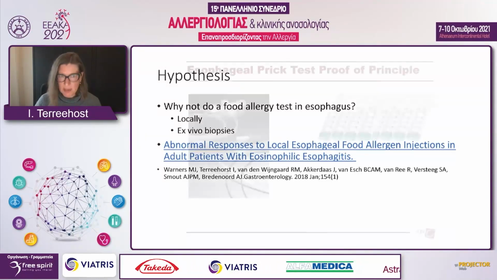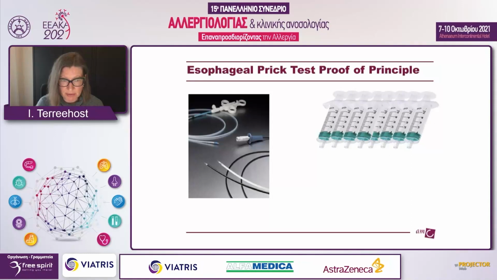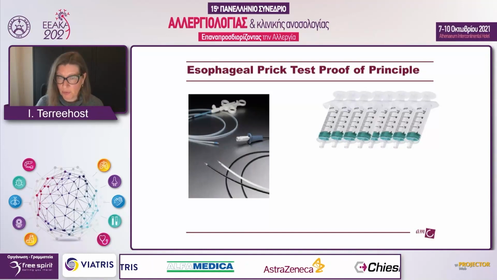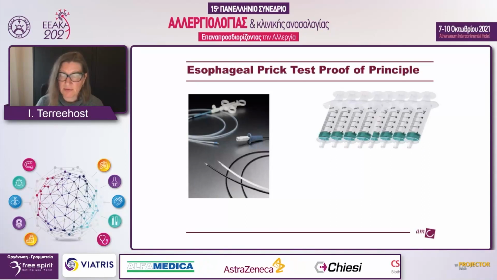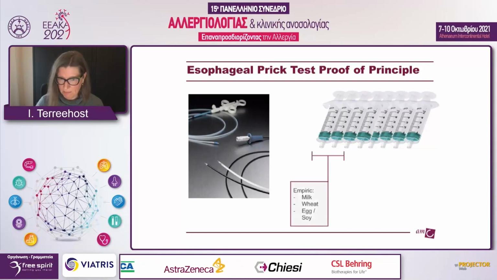And what we did is we took an endoscope, which is normally used for people with esophagitis. We developed allergen tests for the esophagus, and we had people with active eosinophilic esophagitis as well as controls to do this test.